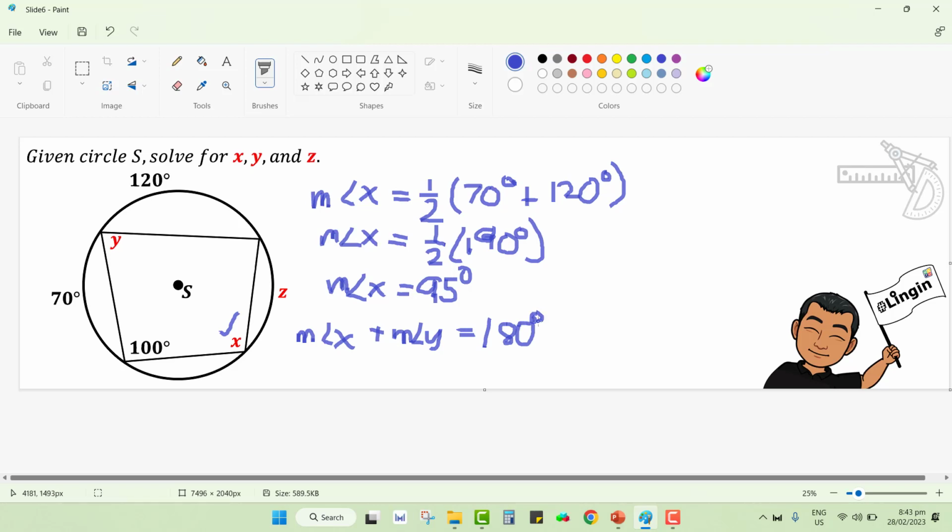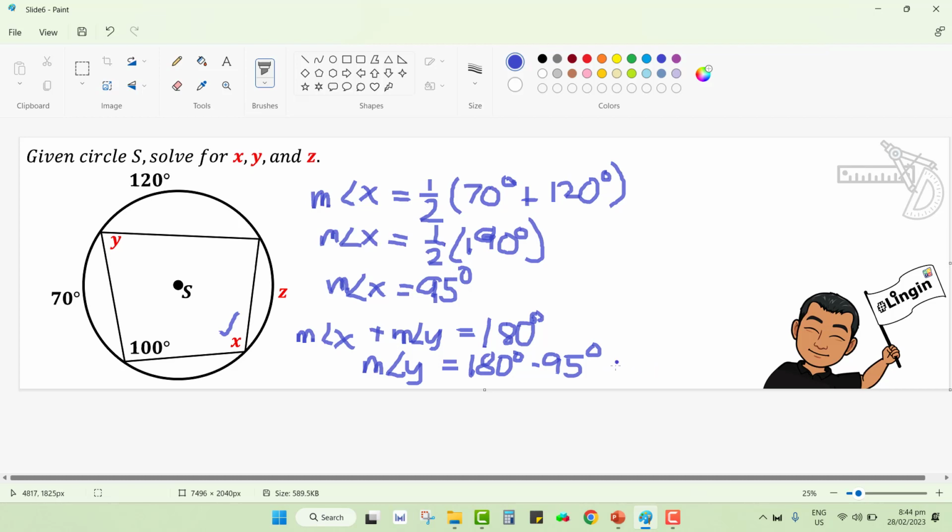And since we already have the value for angle x, which is 95, the measurement of angle y is simply 180 degrees less 95 degrees.